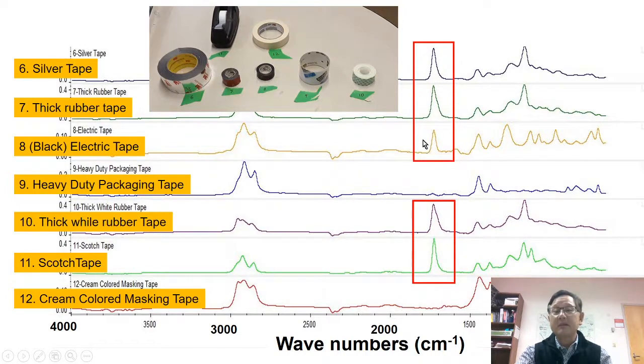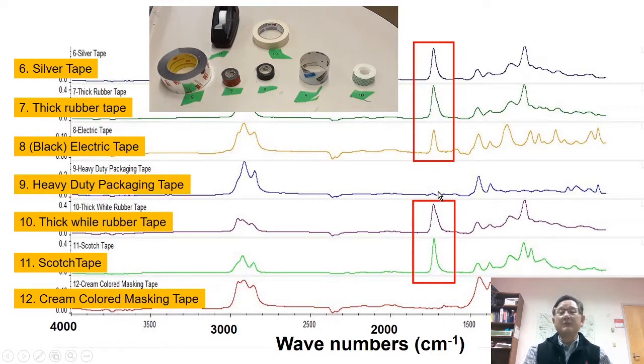They have these peaks around 1700. Also the Scotch tape and the thick white rubber tape show the peak. Whereas the packaging tape, and also this masking tape that's cream colored, are the ones that do not show.